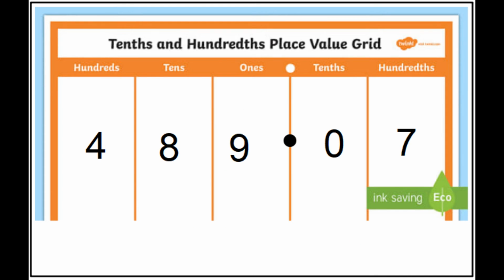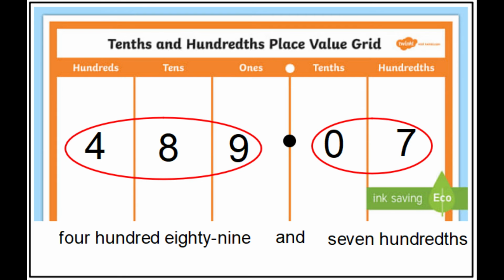Alright, so here I have 4 hundreds, 8 tens, 9 ones, 0 tenths, and 7 hundredths. Like I said before, I need to group everything before the decimal point together and then group everything after the decimal point together. Everything before the decimal point is easy. I can see clearly that says 489. But how do I read what comes after the decimal point?